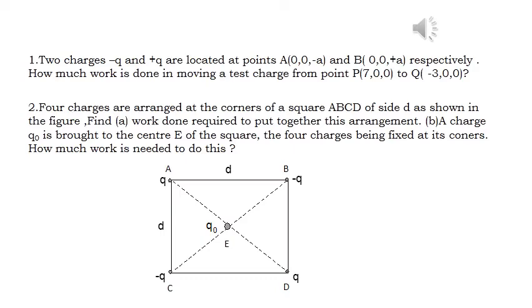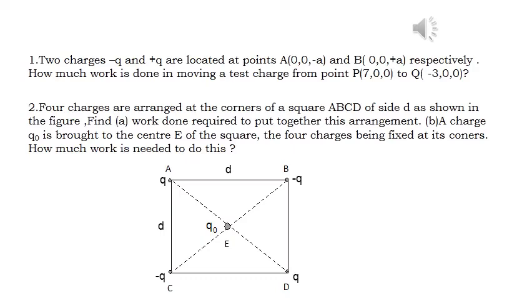Next question: four charges are arranged at the corners of a square ABCD of side D as shown in the figure, and find the total work done required to put together this arrangement.